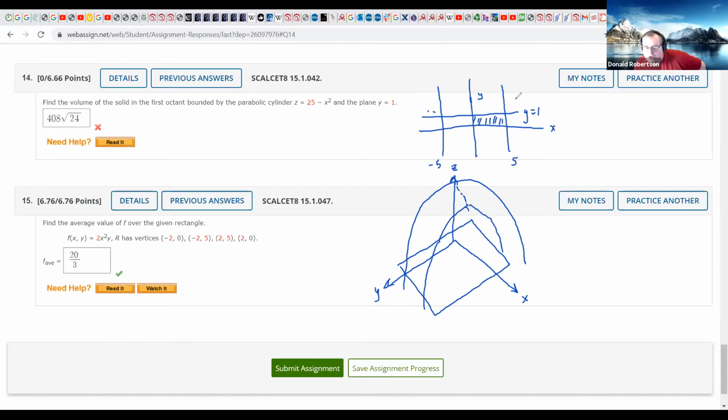Right. So what you're doing is you've got a 3-dimensional thing going on, but as far as the floor, the XY plane, is concerned, things change when you're looking at it from that perspective. If you looked at your shape from above downwards onto it, wouldn't you just see the ends of the curve, the 5 and -5?